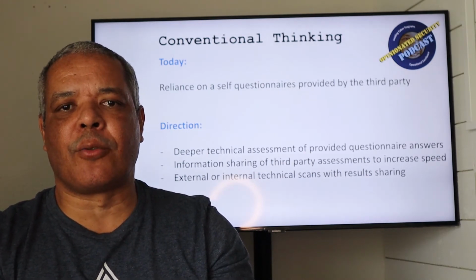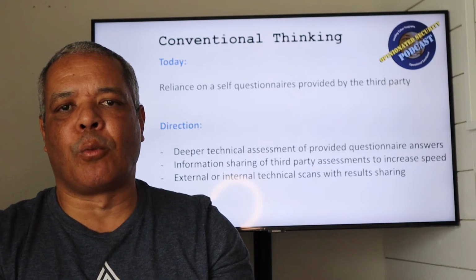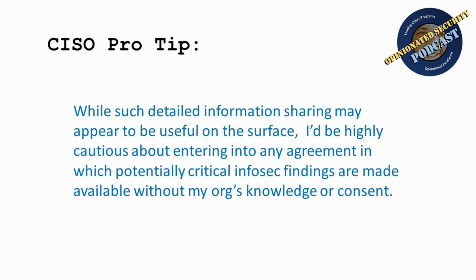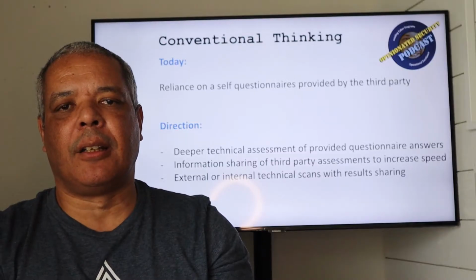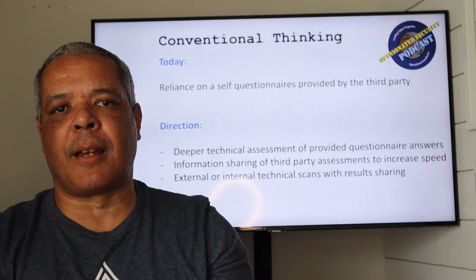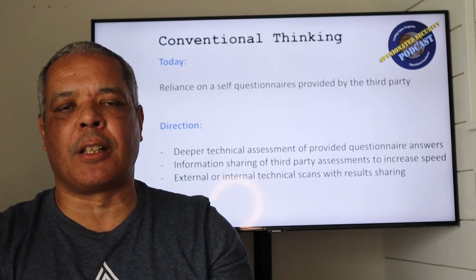Alternatively, there's also a set of companies that are working on solutions in which they provide either external scans or internal scans of various capabilities within the organization that desires the relationship, and then they provide those results either exclusively to the company that paid them to provide it, or more broadly, using the same model that we talked about in the previous example, where those results can be shared with a number of different organizations.